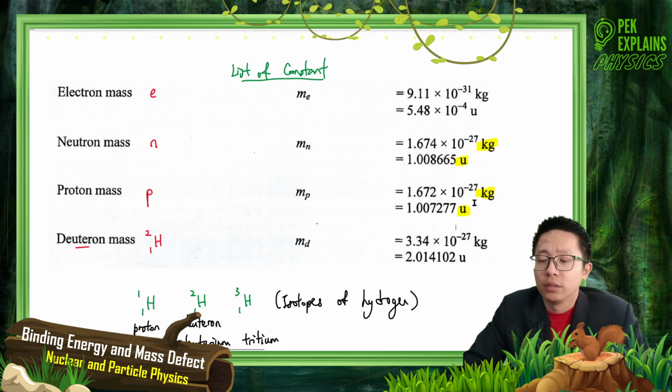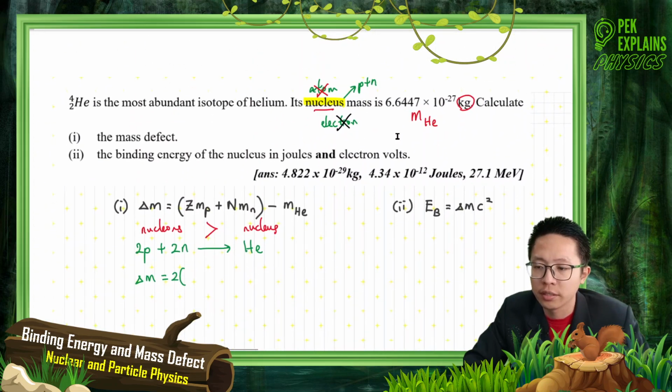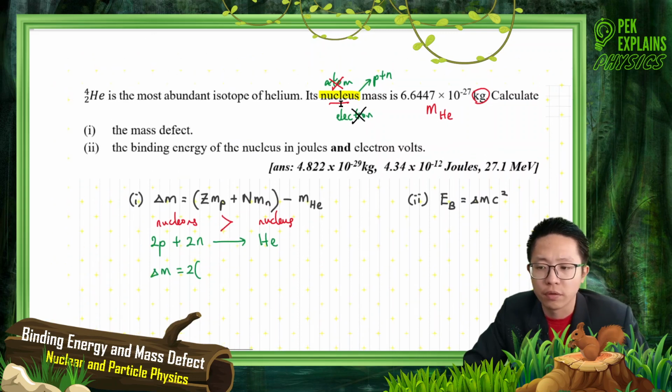So right now, which one am I going to use, kilogram or atomic mass unit? It all depends on the question. If you look at this question, it gives the nucleus mass in kilogram. So when you substitute the mass of proton, make sure you have the same unit as the mass of helium.